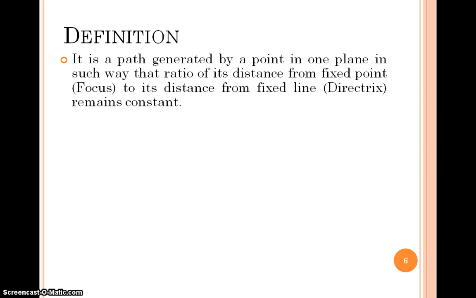So all the conic curves you will get by cutting the cone. Before that, we will see the definition of eccentricity. What is meant by eccentricity? It is the path generated by a point in one plane in such a way that the ratio of its distance from a fixed point, that is the focus, to its distance from a fixed line, that is the directrix, remains constant.